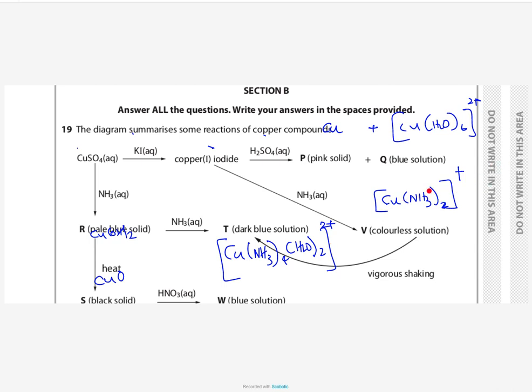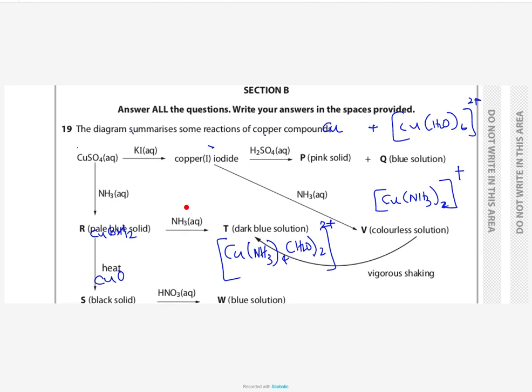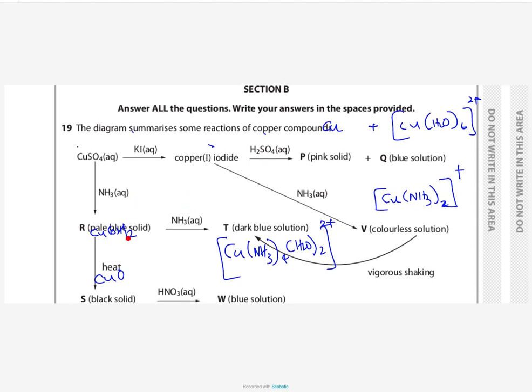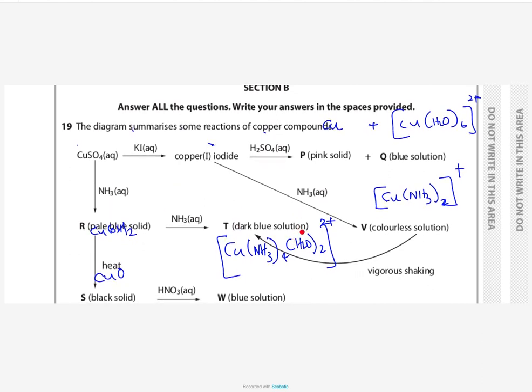So it has to be 2. How do you know it's 2? Because vigorous shaking gives a dark blue solution, and we know that dark blue solution is produced when excess ammonia is added to this R, copper 2 hydroxide. With excess ammonia, you get tetraammine copper 2. So we know this dark blue solution is this.